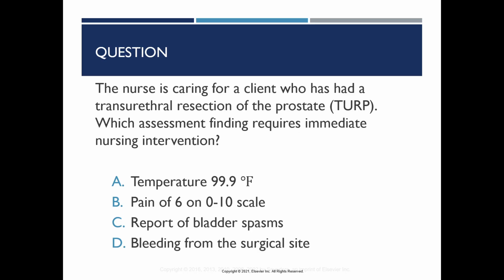So the nurse is caring for a client who had a TURP. Which assessment finding requires immediate nursing intervention? Bleeding from the surgical site. Remember, the patient may be at high risk for pain, infection, and bladder spasms after a TURP, but the highest risk is hemorrhage. So you need to assess for postoperative bleeding. Patients who undergo the procedure or have an open prostatectomy are at risk for severe bleeding or hemorrhage after the surgery.